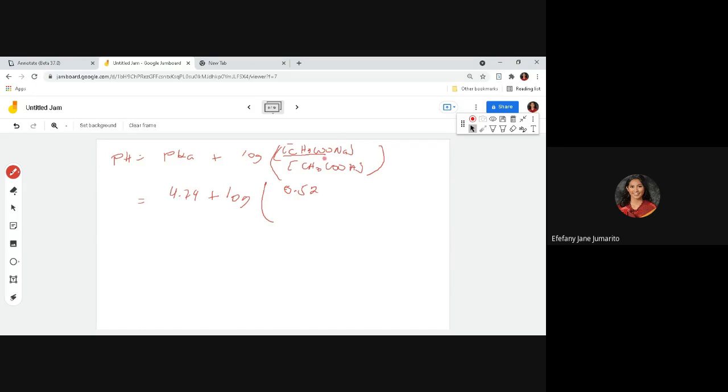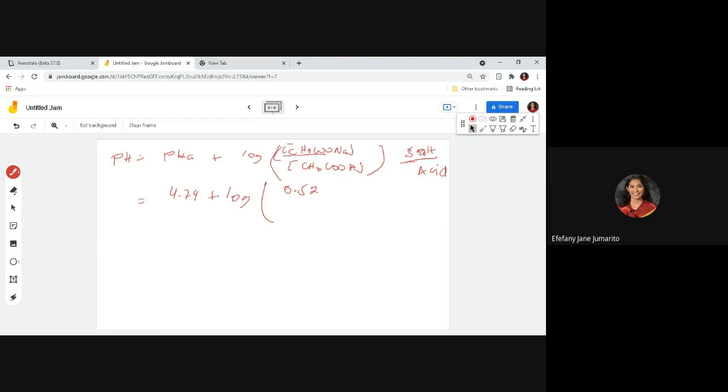In other books, instead of log of base over acid, they use log of salt over acid. Why salt? Because this CH3COO together with your Na is a salt. So that's why they use salt over acid instead of conjugate base over the acid.